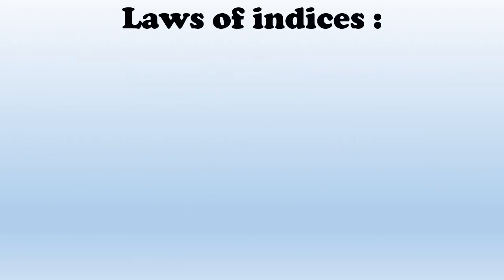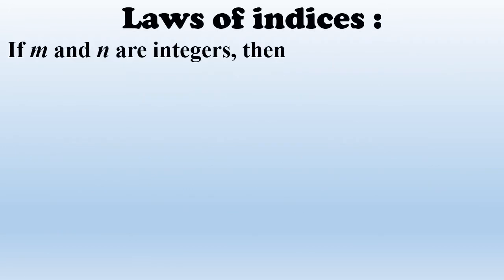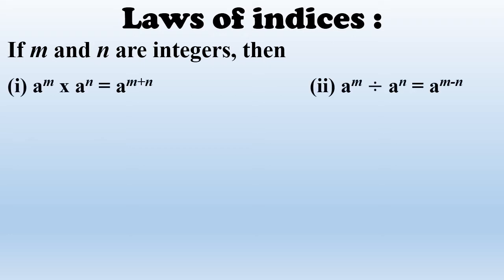Laws of indices. If m and n are integers, then a raised to m multiplied by a raised to n is equal to a raised to m plus n. Second one, a raised to m divided by a raised to n is equal to a raised to m minus n.